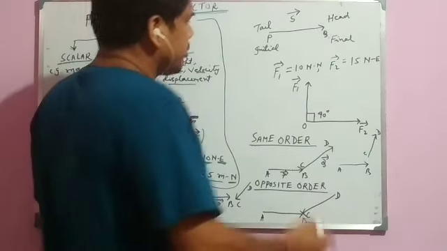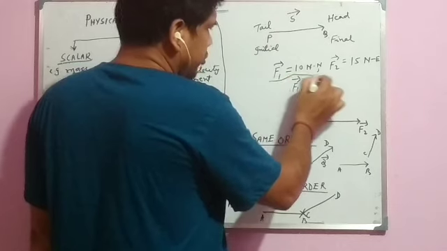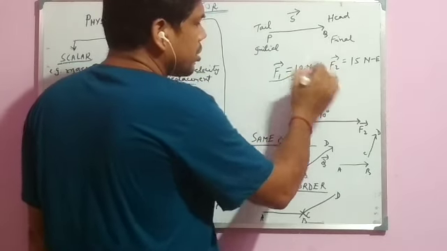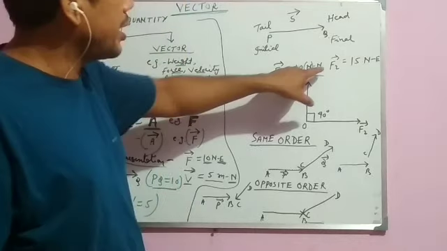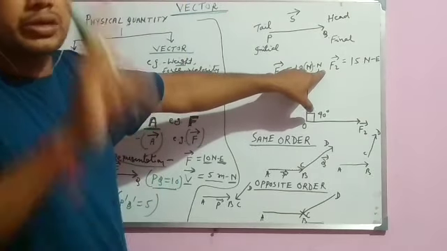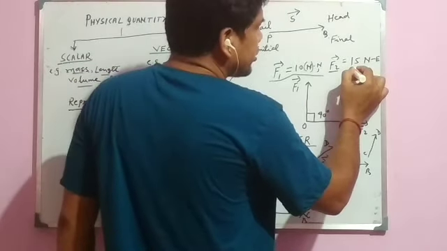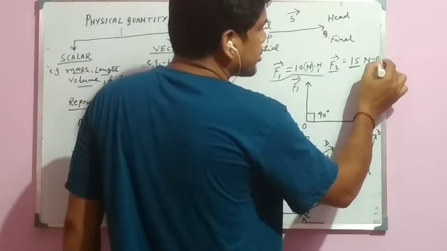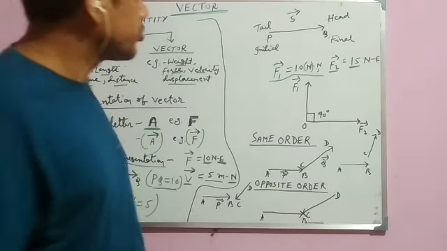Now suppose two vectors are given. F1 is a force of 10 N, where N means the Newton unit, and the other N means direction, north direction. And F2 is another vector, its magnitude is 15 and its direction is east. So how do we represent these two vectors?